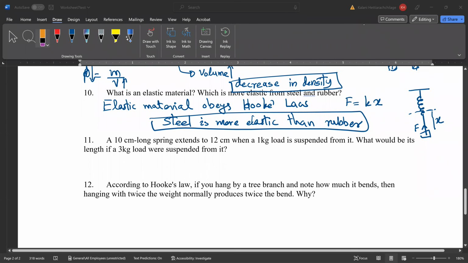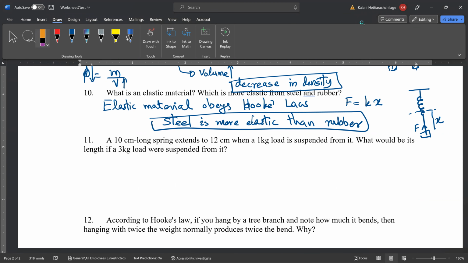Okay, so let's move into question number 11. A 10 centimeter long spring extends 12 centimeters. What that means is you have a spring, right? So the spring stays in here, right?